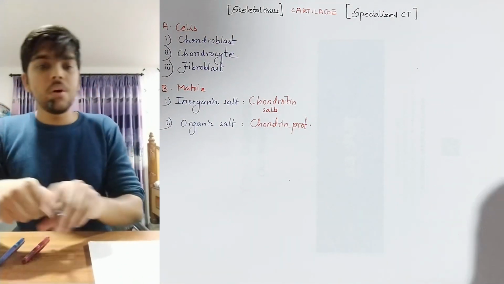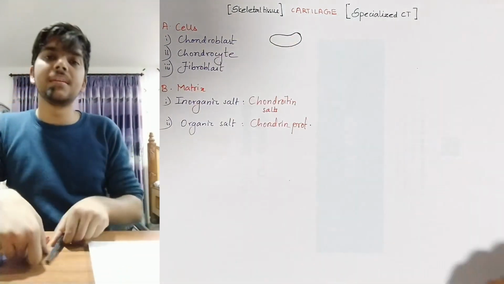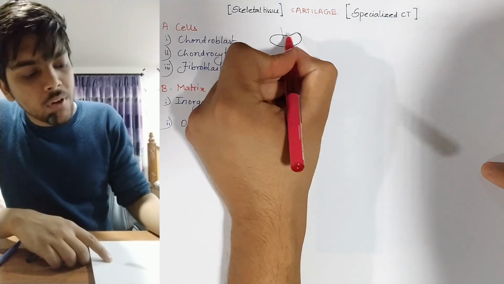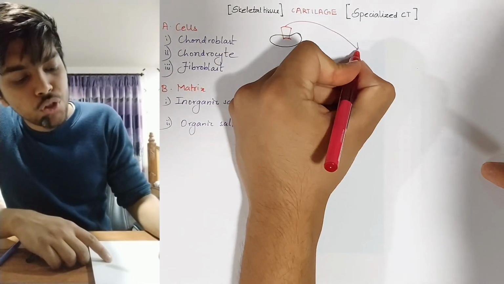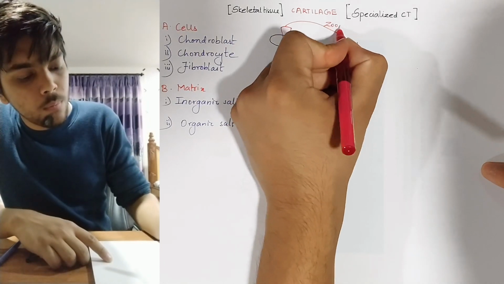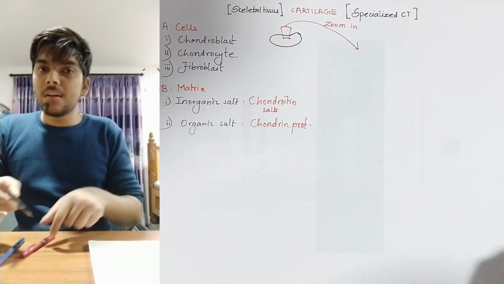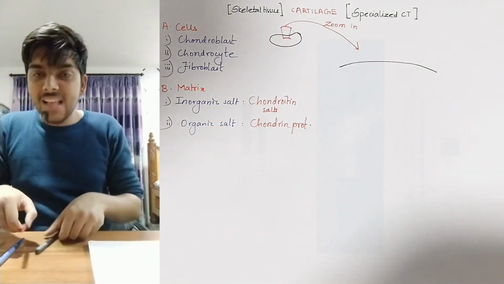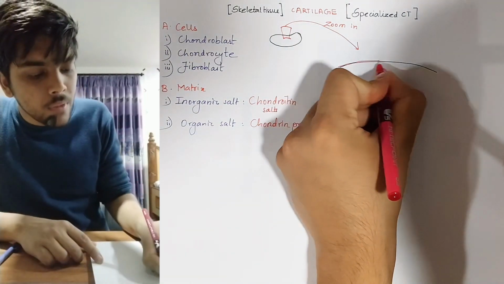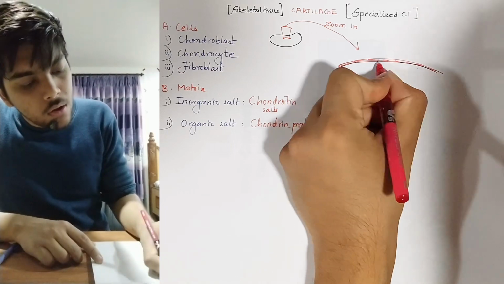Okay, so what I have here is a piece of cartilage. I'm going to take a slice of this piece of cartilage and zoom in. This is what it looks like. In case of bone, the outermost covering of the bone was known as periosteum, where peri means periphery and osteum referred to bone.